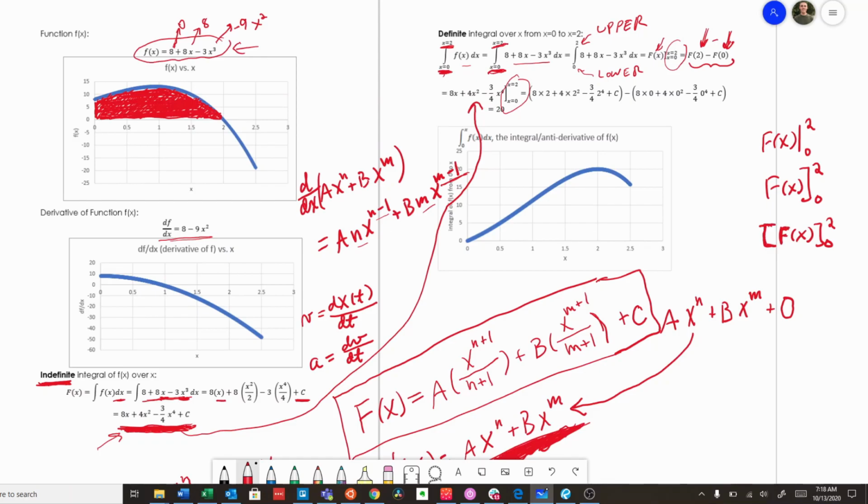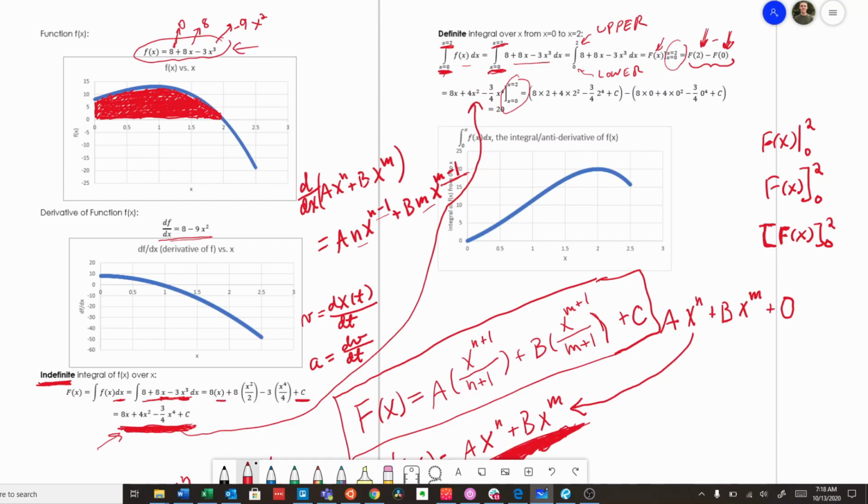What it means is, in every single case, take 2, plug it into the function here, and subtract the function evaluated at x equals 0 from that value. Okay, so whatever form you see this in, it all means the same thing. Take F at the top of the range minus F at the bottom of the range.